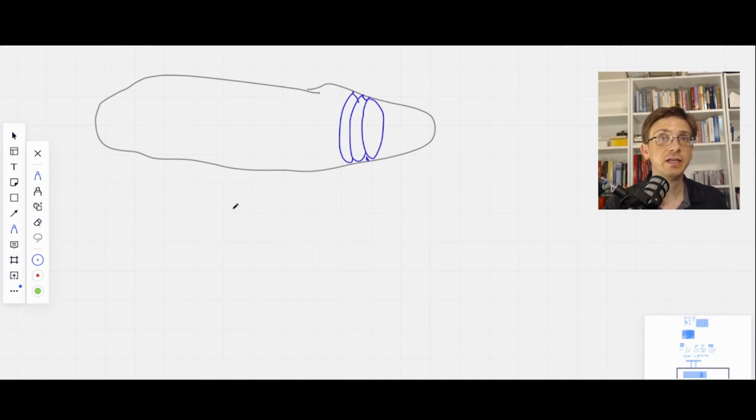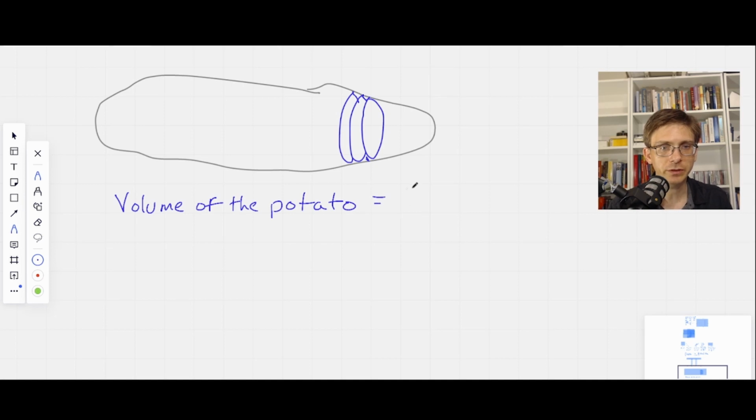Those would be the exact same thing. So we can look at this as an integral problem. The volume of this potato is equal to the integral from the left end to the right end.